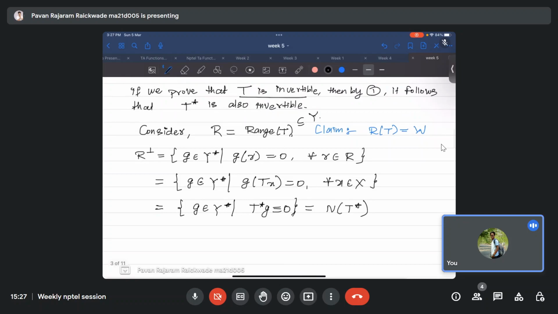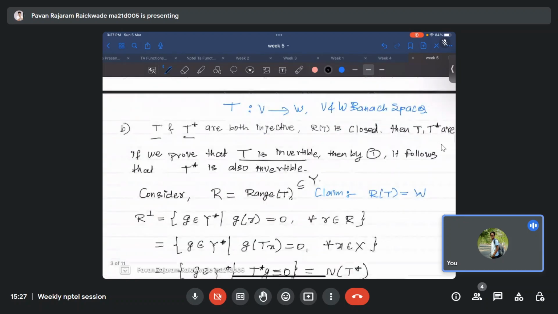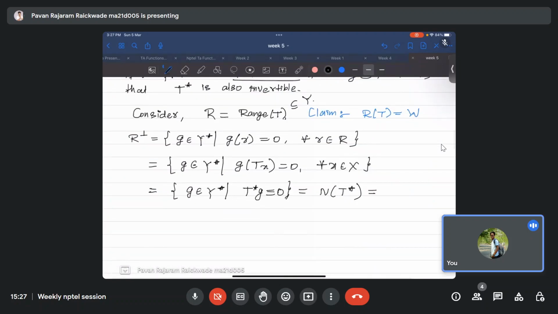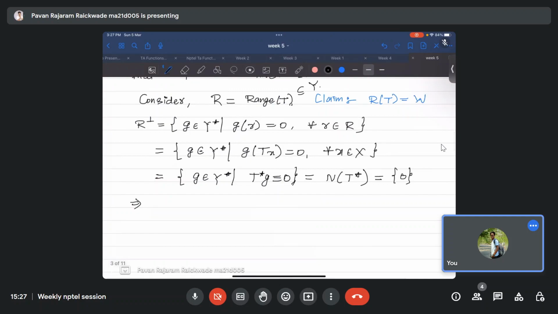But we know that T star is also injective. We know T and T star both are injective. That means the null space of T star is singleton 0. That means R perp is singleton 0. And what we know is range R closure is equal to R perp perp.